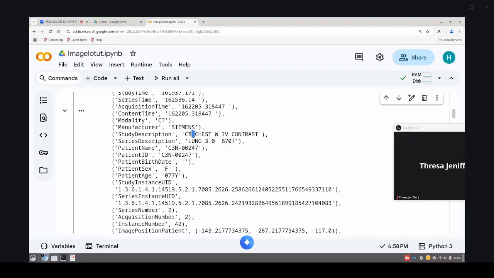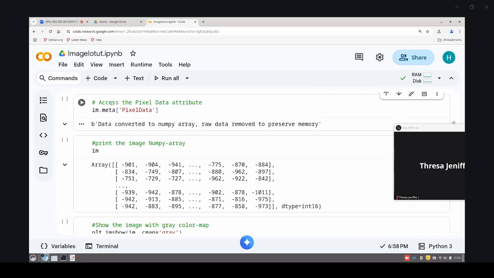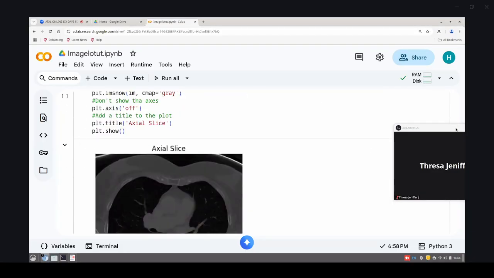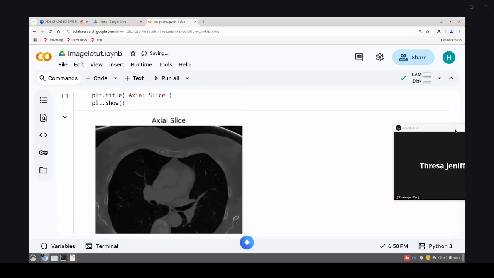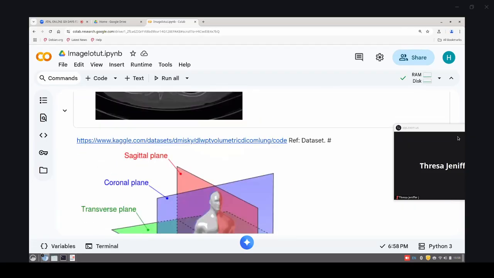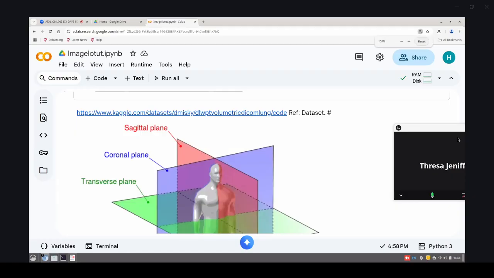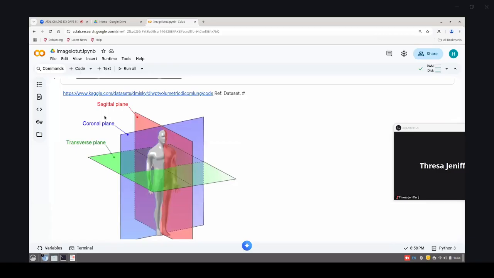The study description is CT, modality manufacturer Siemens, and the pixel data variable will actually have the matrix which is representing the image of the CT scan. So here we can see the axial slice. Generally CT scan images, as I said, are 3D images. This slice which I showed you as axial slice is a slice along the transverse plane.